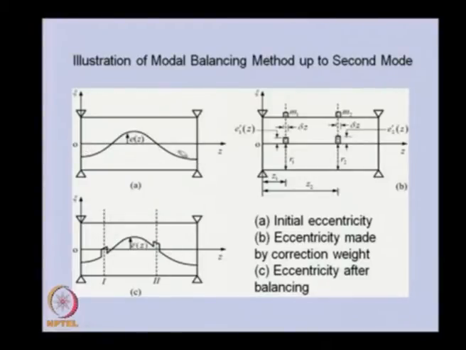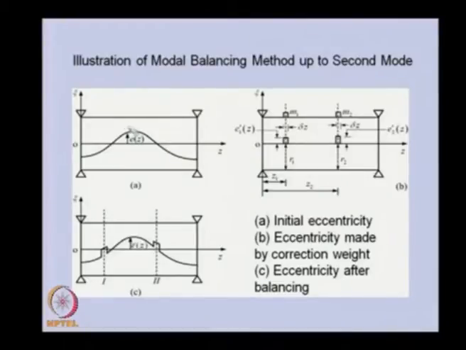Actually we need to find out, and based on this we need to balance this rotor up to the second critical speed, because finding exactly what the eccentricity variation is will be very difficult. So we will be focusing mainly on the first few critical speeds, because they are important and dangerous, as normally the rotors operate in that range.